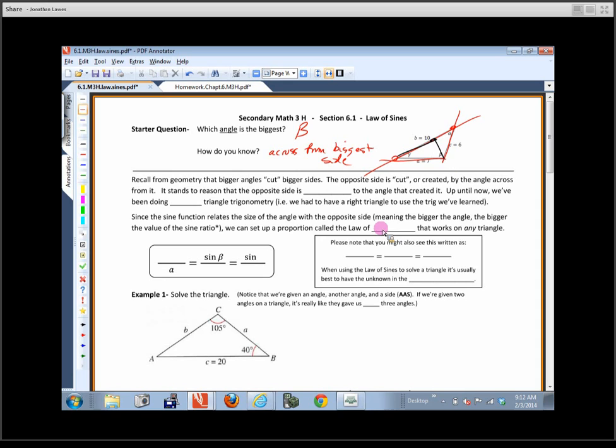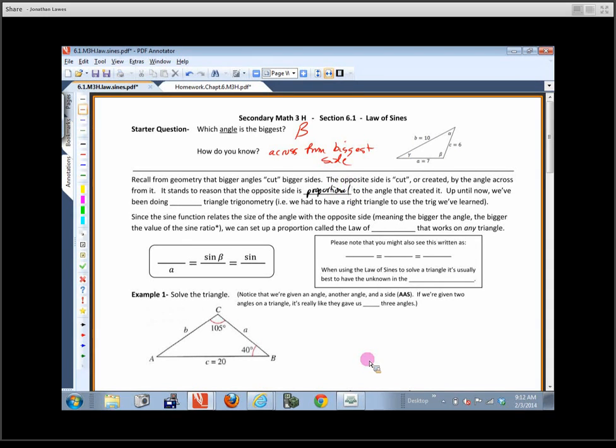So the larger the angle is, the larger the side it creates opposite. So it stands to reason that the opposite side is proportional to the side that created it.